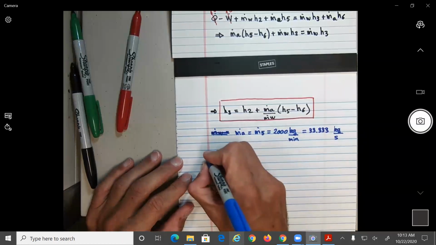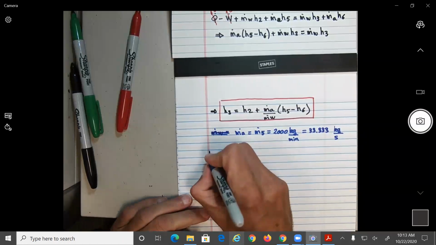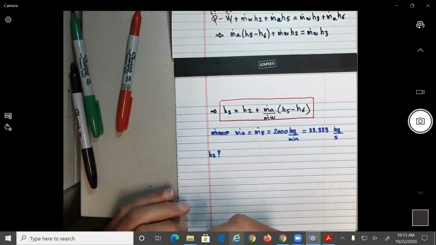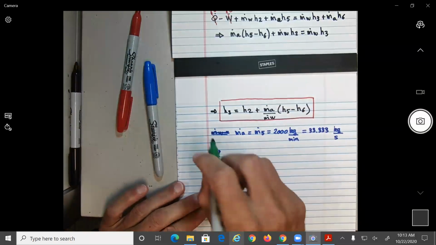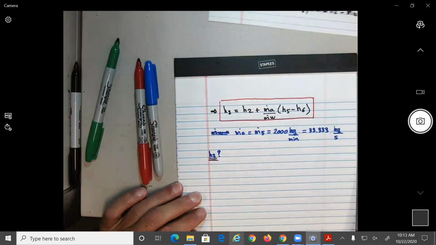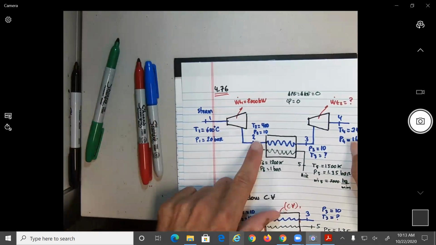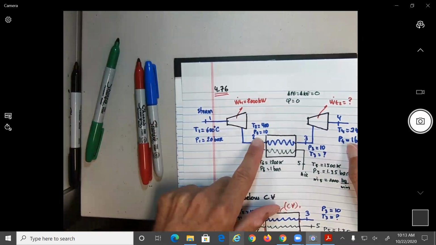The next thing we need to do is to find H2. Do we know two things for H2? We know the temperature, we know the pressure, no?